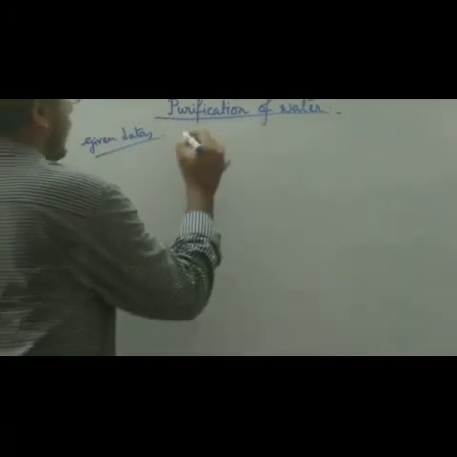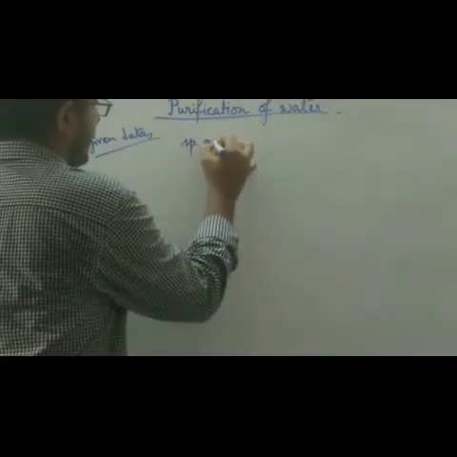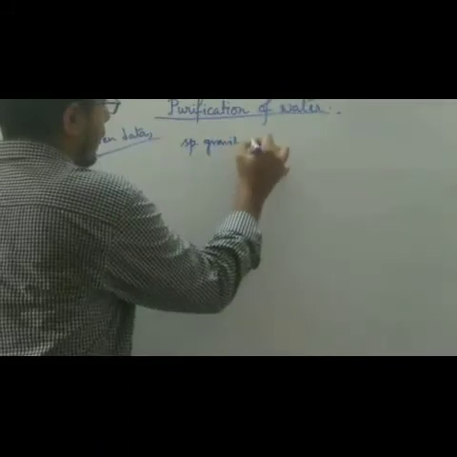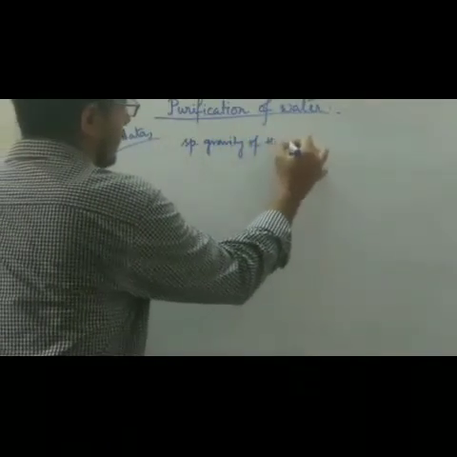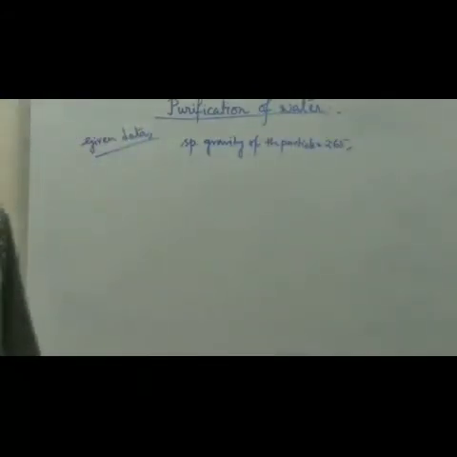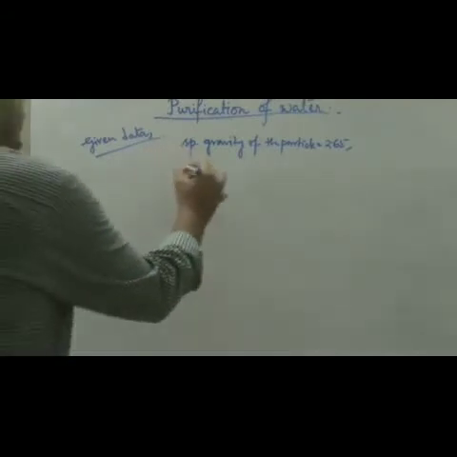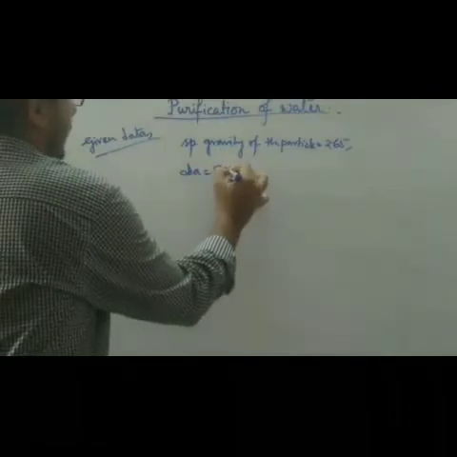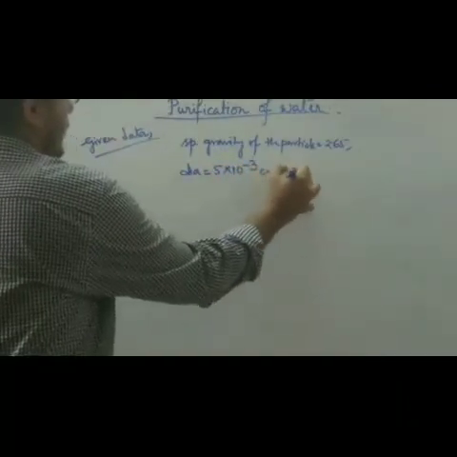So, if we write down the given data, the first thing given is the specific gravity of the particle, that is 2.65, and the second thing given is dia of the particle. Dia of the particle is 5 into 10 to the power minus 3 centimeter.